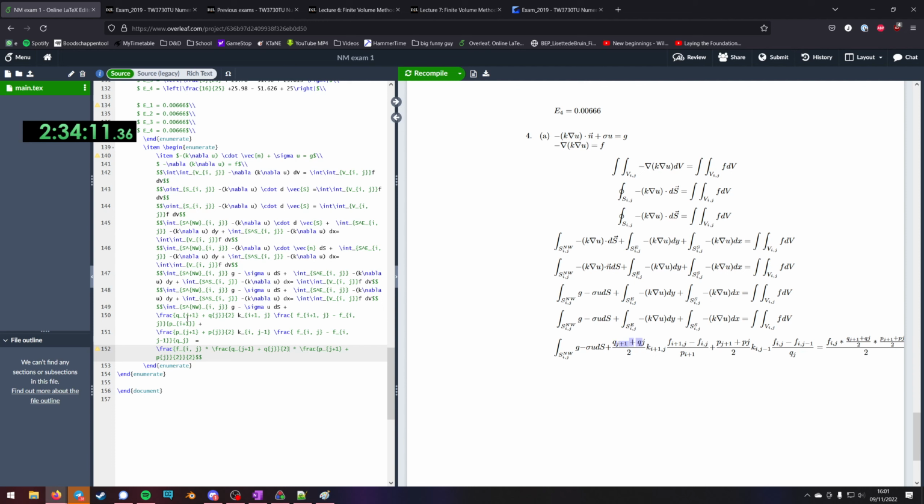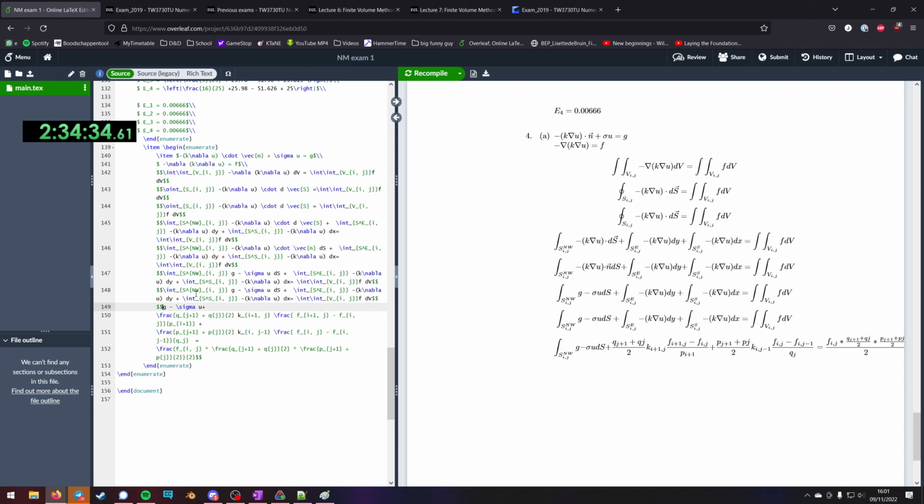So then this integral turns into just g sigma u. Let me just yoink these, because these are the lengths.